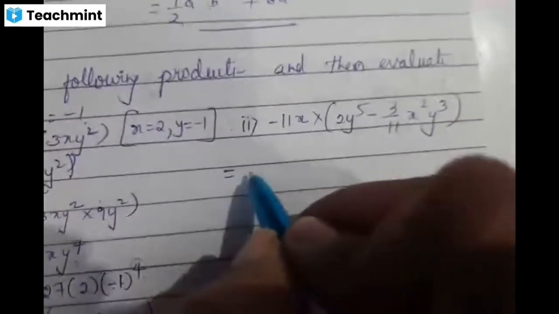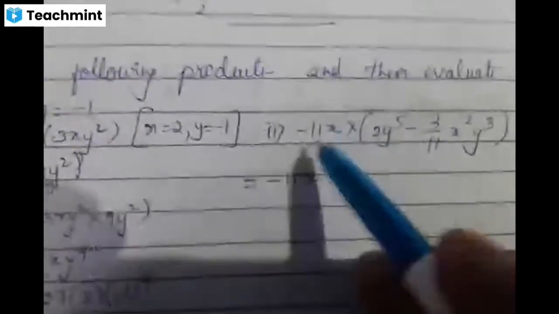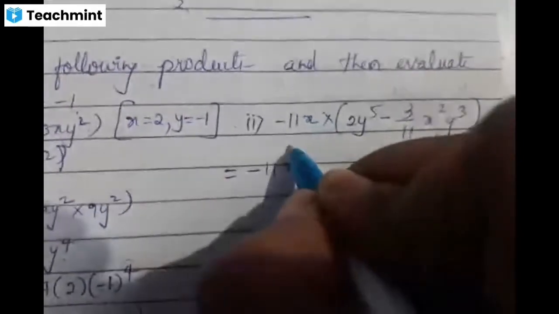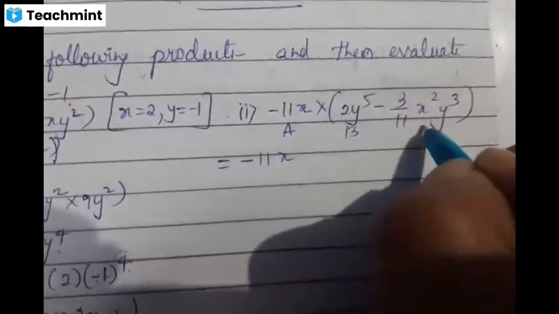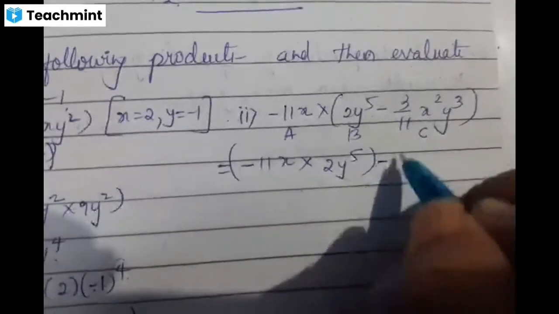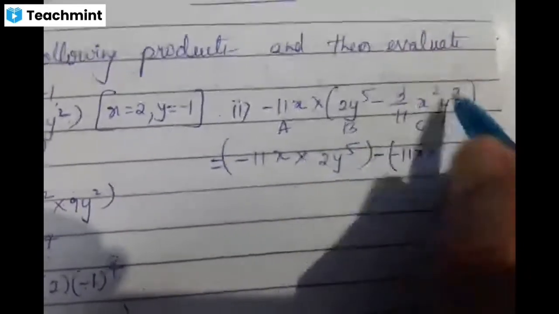-11x. Children, here in the previous question we have changed the place of monomial and binomial. But in this case, you don't need to change the place because the monomial is first here, that is A, this is B, and this is C. So the monomial with the first term, 11x into 2y to the power of 5, group them, and the minus sign you have, keep it as it is, in the brackets, minus 11x into the inside term.